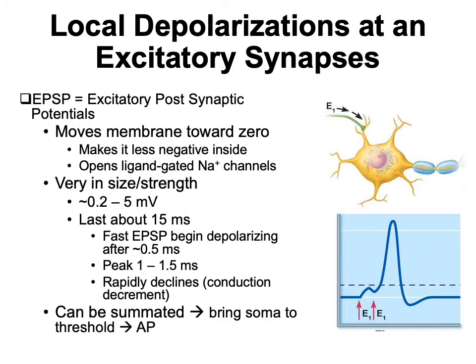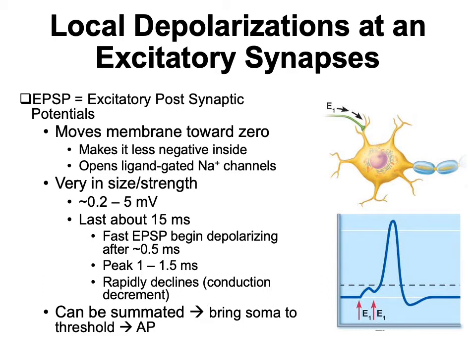Local depolarization at an excitatory synapse. Excitatory postsynaptic potentials, EPSPs, are local depolarizations that move the membrane towards zero. It makes it less negative on the inside, and they do this by opening ligand-gated sodium channels.